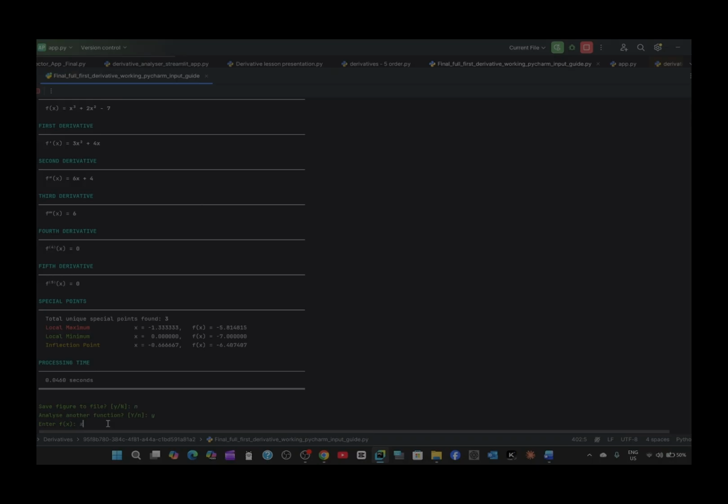So, for example, x squared divided by something, divided by x cubed minus 7, for example, right?